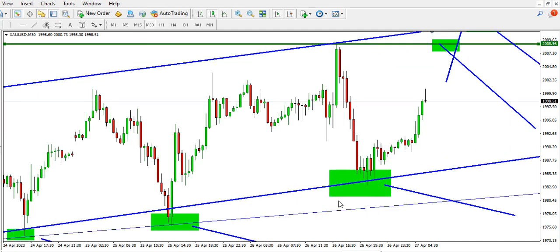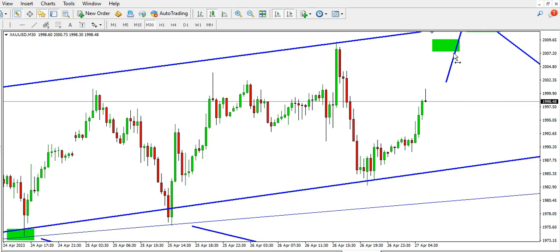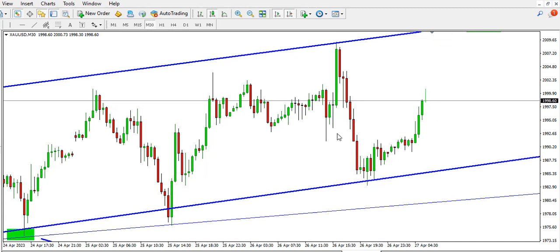The 30-minute time frame is an elaborate part of the 1-hour time frame. The ascending channel is more obvious, and we have a sharp drop, you can see this sharp drop.